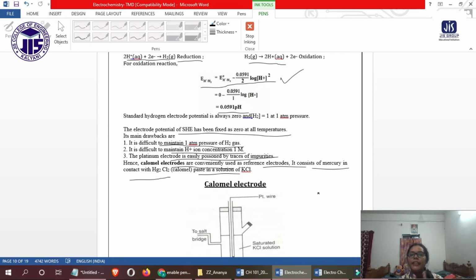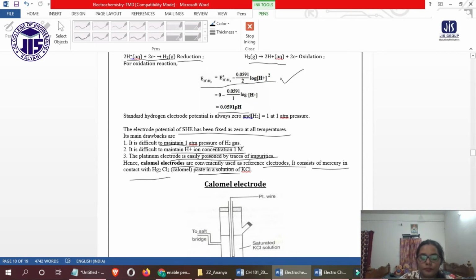It consists of mercury and mercurous chloride paste, in a solution made with KCl.